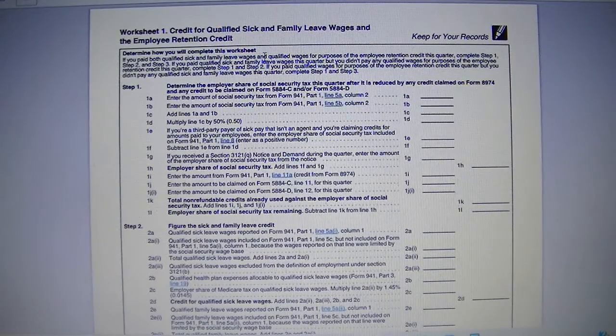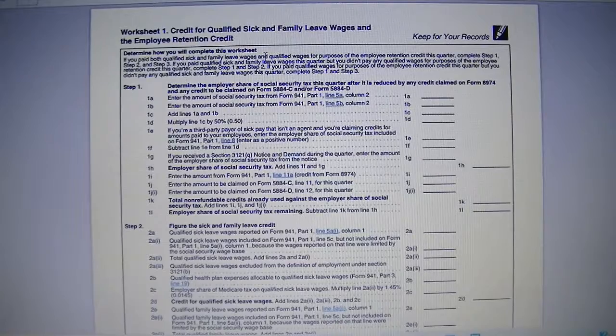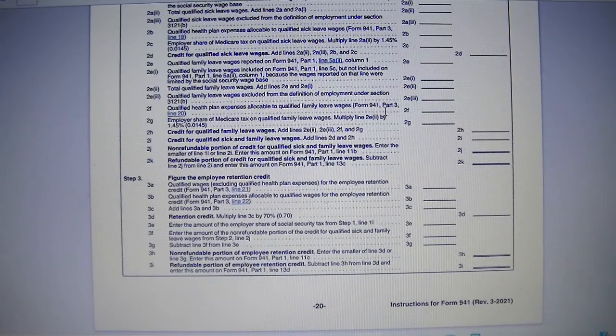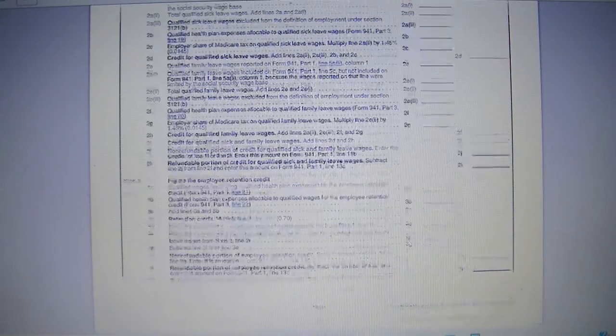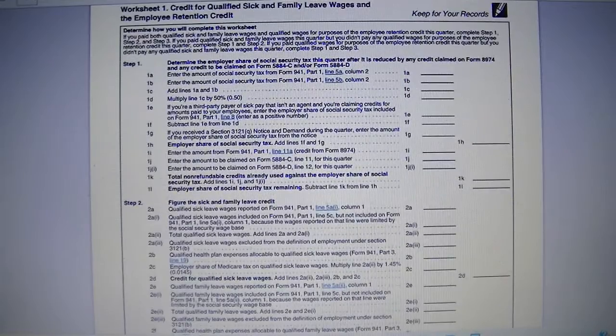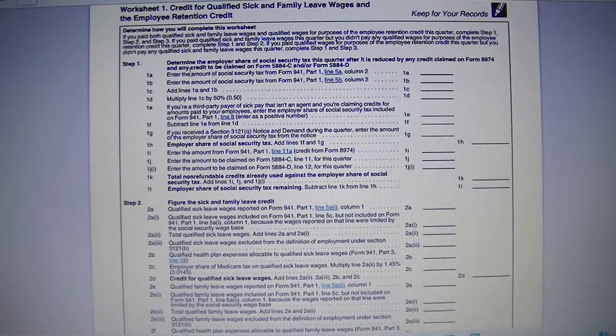And if you qualify for credit for sick and family leave, then you might want to complete that worksheet to determine the non-refundable portion and the refundable portion of it. So you'll have a non-refundable portion and a refundable portion for each one of them: employee retention credits, qualified sick leave and family leave.